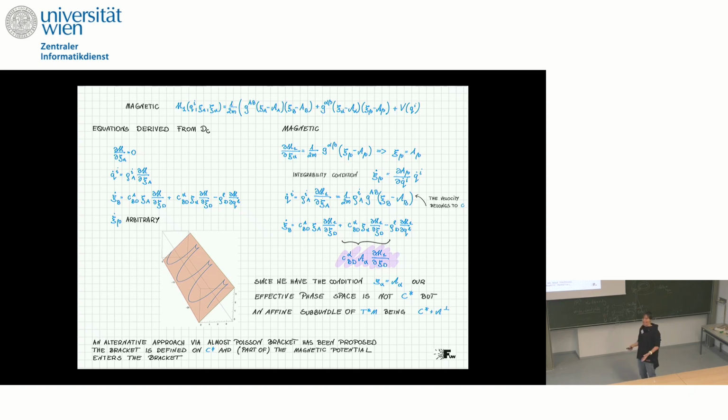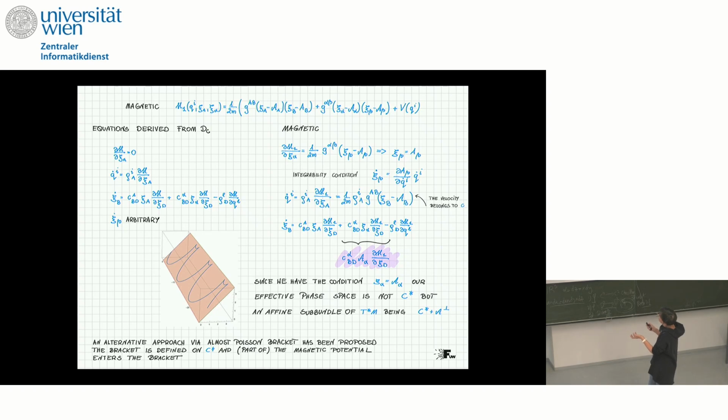So in a sense, if we want to write it only on the dual of the constraint, we can do it, and those Spanish people did do it, but they have to include in their Poisson structure information which is part of the Hamiltonian. So not coming only from constraints, but coming also from the Hamiltonian. So the structure depends on the Hamiltonian that we use. And this is the part that I didn't like.